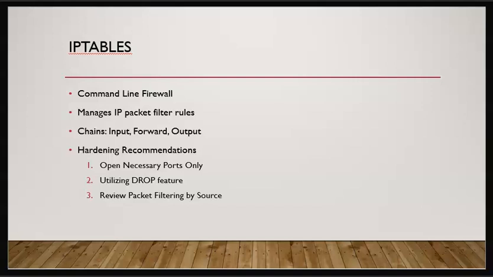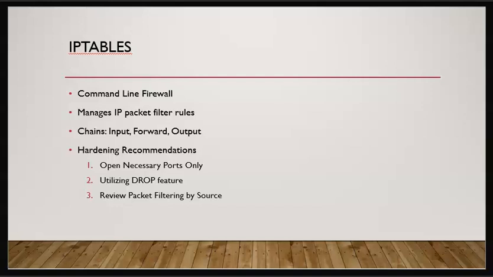A few hardening recommendations I found: make sure that only the necessary ports are enabled in your table. That way, no ports are being used that shouldn't be. Also make sure you review your packet filtering by source.